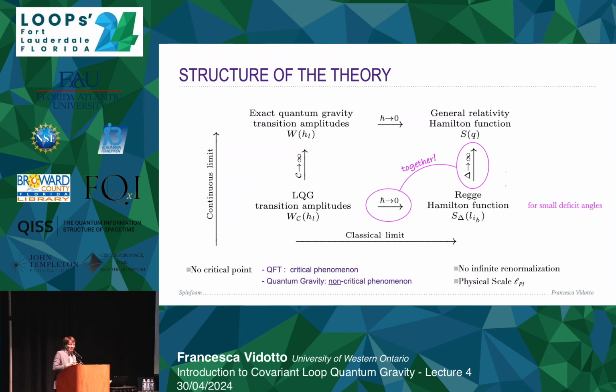So even if you have your system and you boost it, you keep on having your discrete spectrum for area, volume, and so on, and you keep on seeing the same minimal area, except that you will see different eigenvalues with different probabilities. So basically, when you do one of these transformations, you are putting yourself in a different basis.